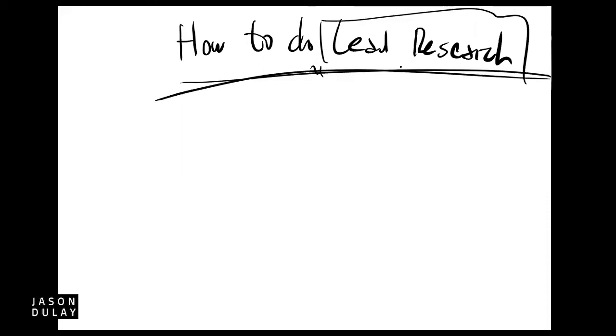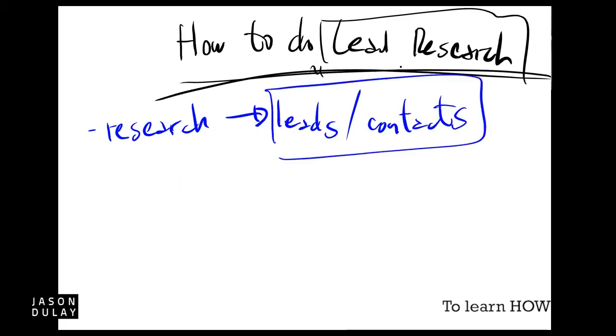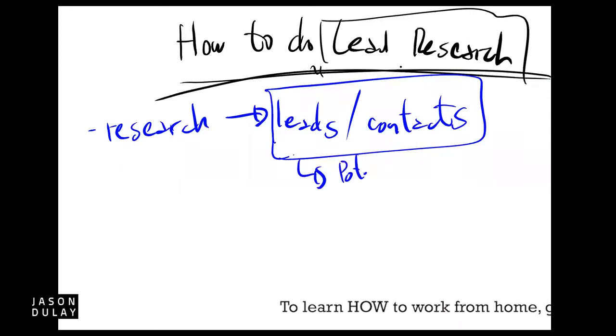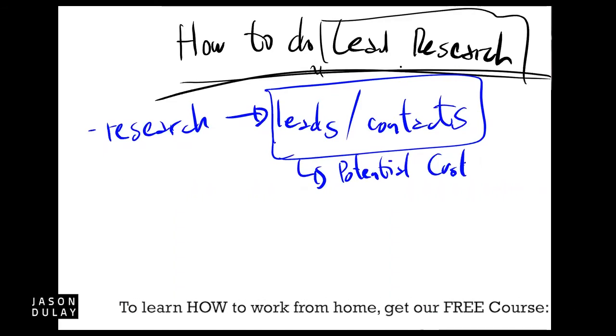So you might be asking, what is this thing which we call lead research? Lead research is when you're doing research for clients, for companies, and what you're researching is what we call leads. You're researching contacts. These leads and contacts are usually potential customers of your client, potential customers of your business.